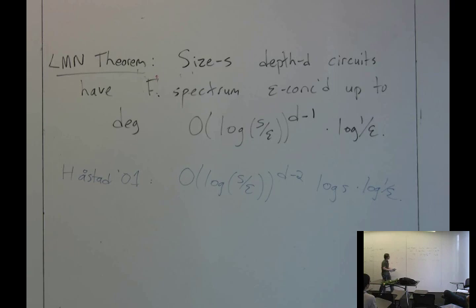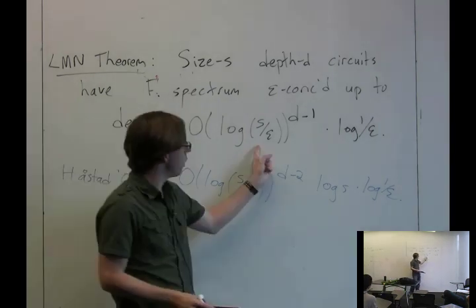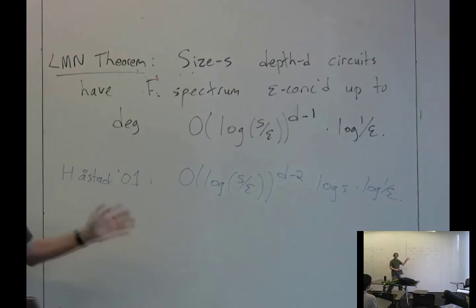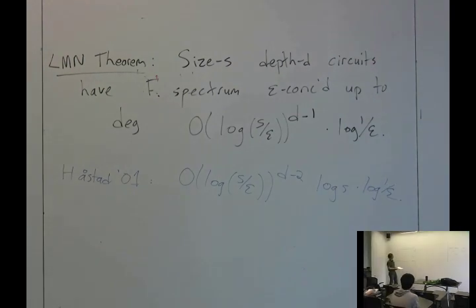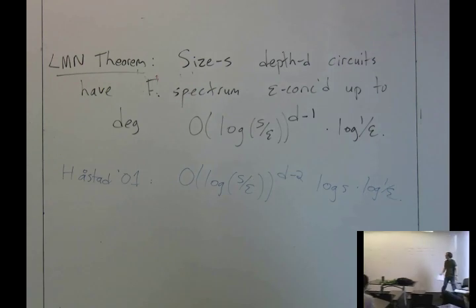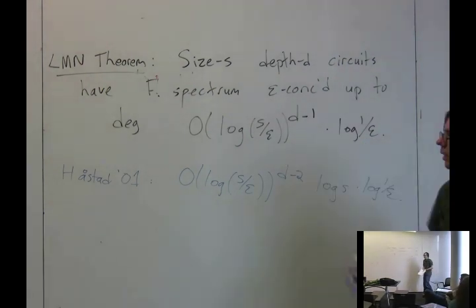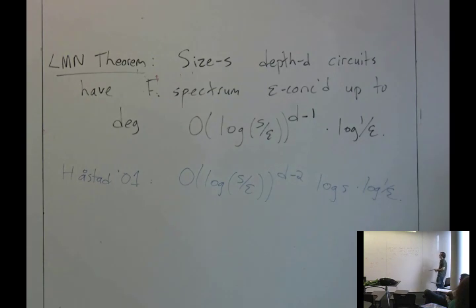So you still have like d minus 1 powers of log 1 over epsilon and also d minus 1 powers of log s, but it's slightly better, I think, if epsilon is really small compared to 1 over s or something. I don't know. I wanted to point that out since this is not the best thing known. But if you think about epsilon as constant, for example, it's the same.